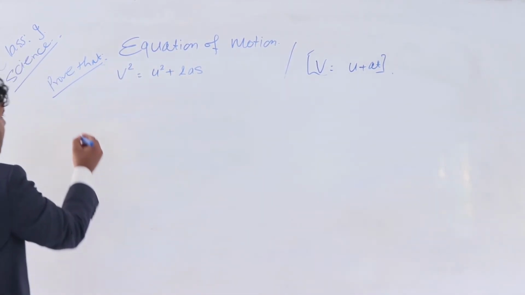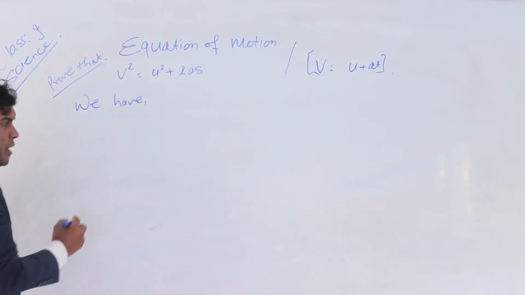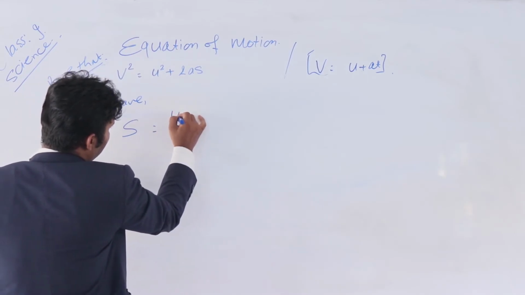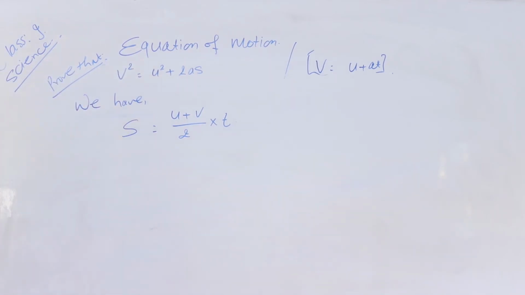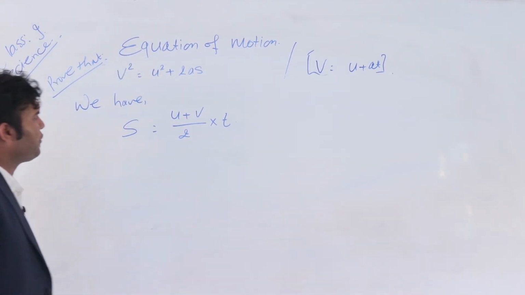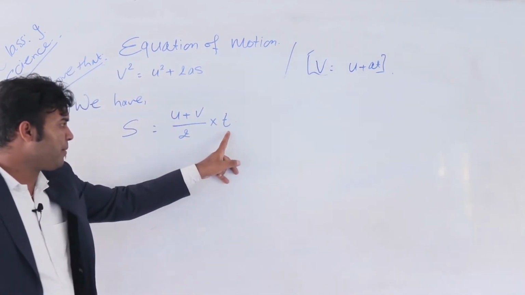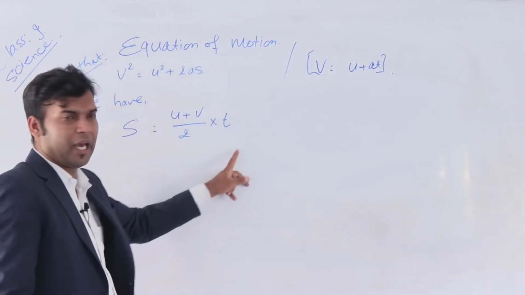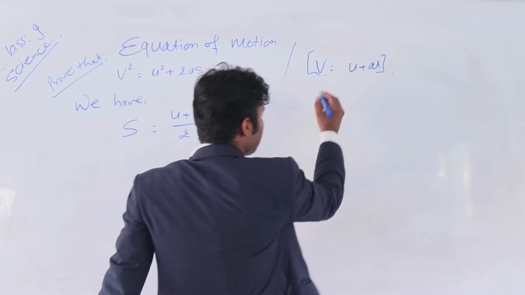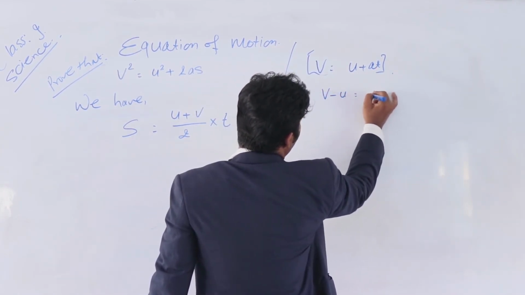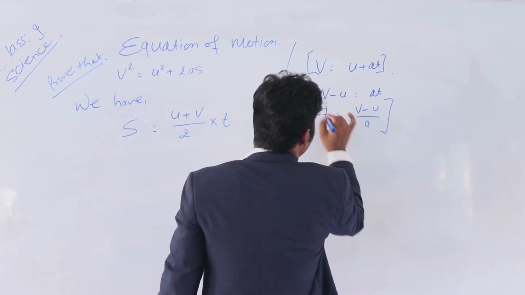We have S is equal to U plus V upon 2 into T. Here there is no time, so we should remove the T from this formula. Here we have V, U and AT. By this formula, V minus U is equal to AT, so T is equal to V minus U upon A.